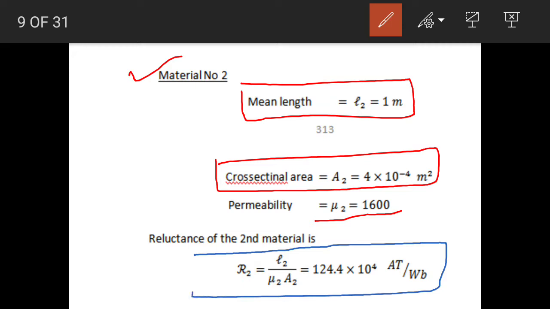We have already discussed this equation in the theoretical class. If we put the values on the right hand side of this equation, we obtain 124.4 into 10 raised to power 4 ampere turn per Weber. So this is the reluctance of the second material of the series magnetic circuit.